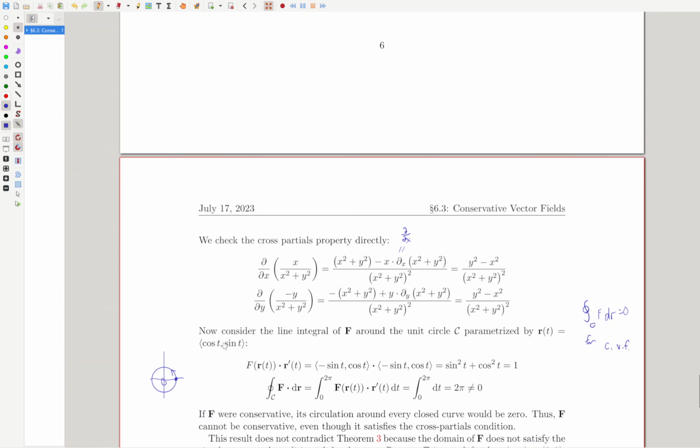Cosine and sine, you end up plugging it into f. These functions here are the parts of f, f sub 1 and f sub 2, the components of the vector field f. If I plug in that, the denominator is equal to 1 by the Pythagorean trig identity.